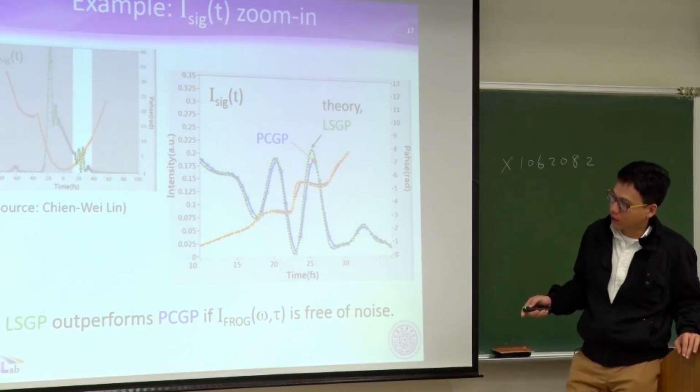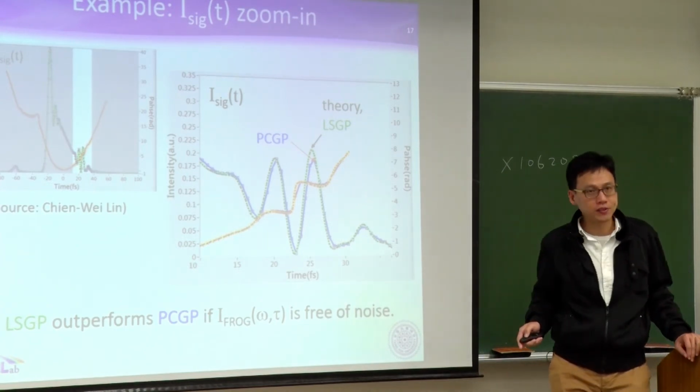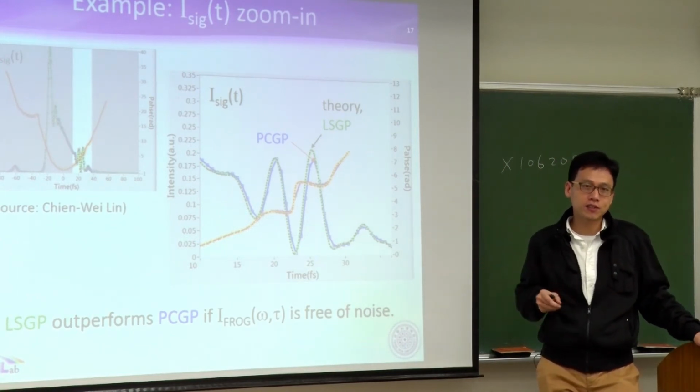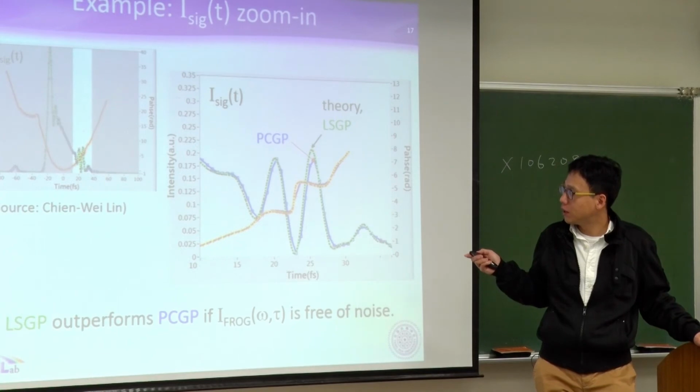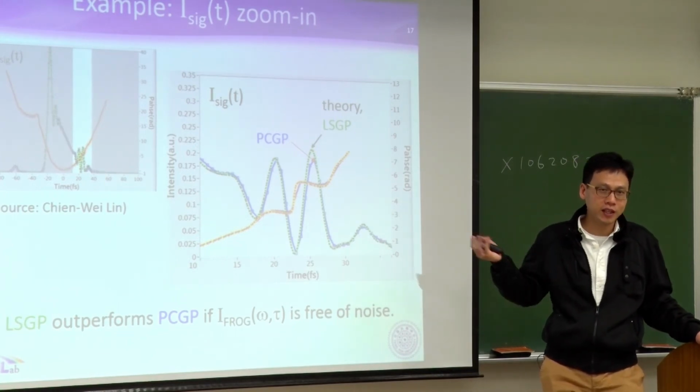So in this case, LSGP outperforms PCGP, but it's under this condition: your FROG trace is free of noise. We did not add any noise in the FROG trace, and it turns out that LSGP outperforms PCGP. Usually, you will find that.